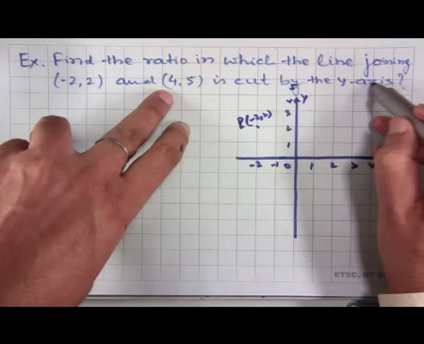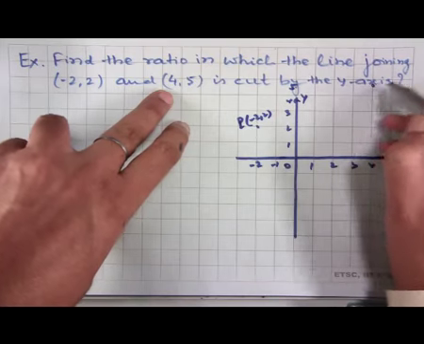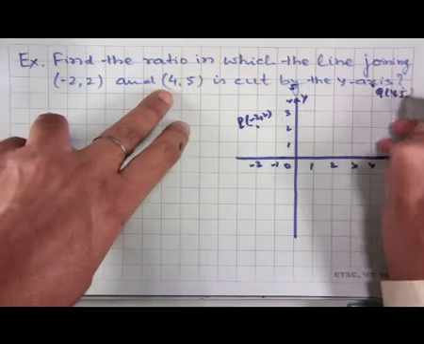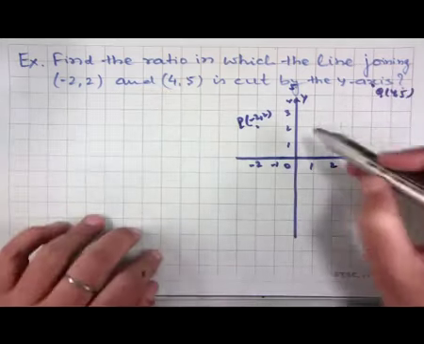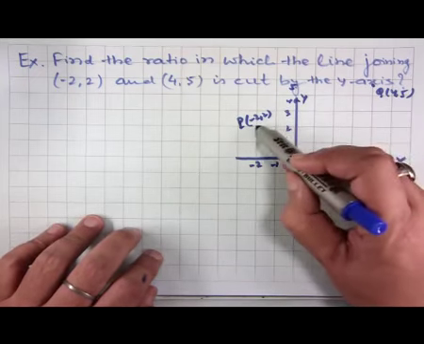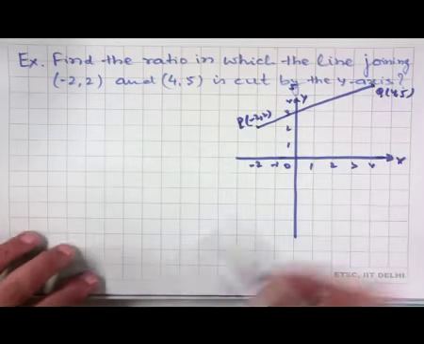Say this point is Q(4, 5). And obviously this PQ is cut by the y-axis at this point.